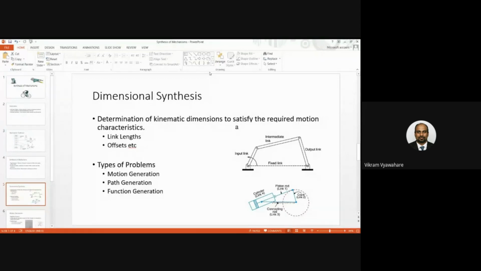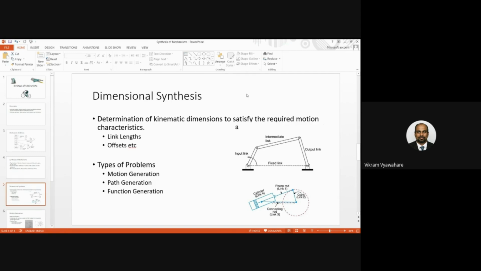We are going to consider dimensional synthesis for planar mechanisms. We will mainly be focusing on the 4-bar, either 4R or RRRP, that is, either the 4-bar chain or the slider crank chain.